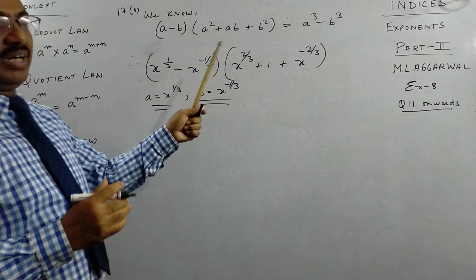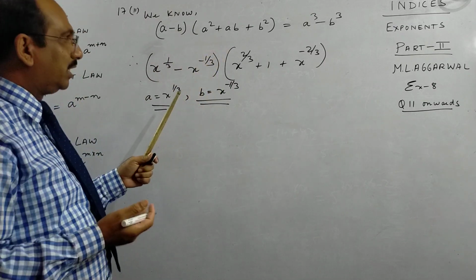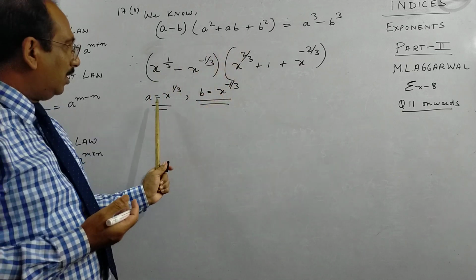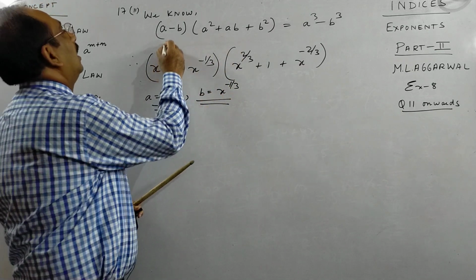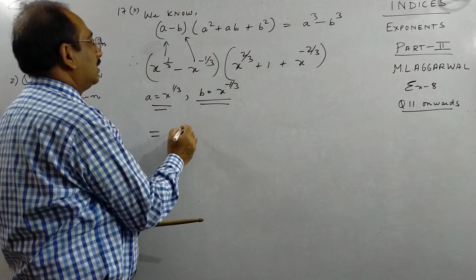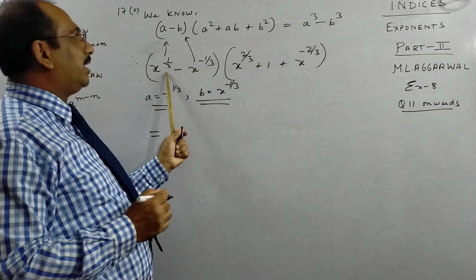It is the same format. This will look a little difficult for you. Many children ask me to explain it again. So remember, this is in this format, x is this, a is this, and b is this. This is nothing but a cube minus b cube. This is the expanded form.